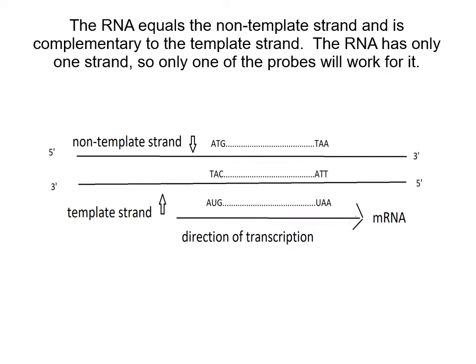Therefore, the non-template strand is the one that matches the RNA sequence, with the substitution of U's and T's. So if you keep this in mind, which is a template, which is a non-template, and which way RNA polymerase is going, and keep track of the sequences, that should dispel further problems with this idea, I hope.